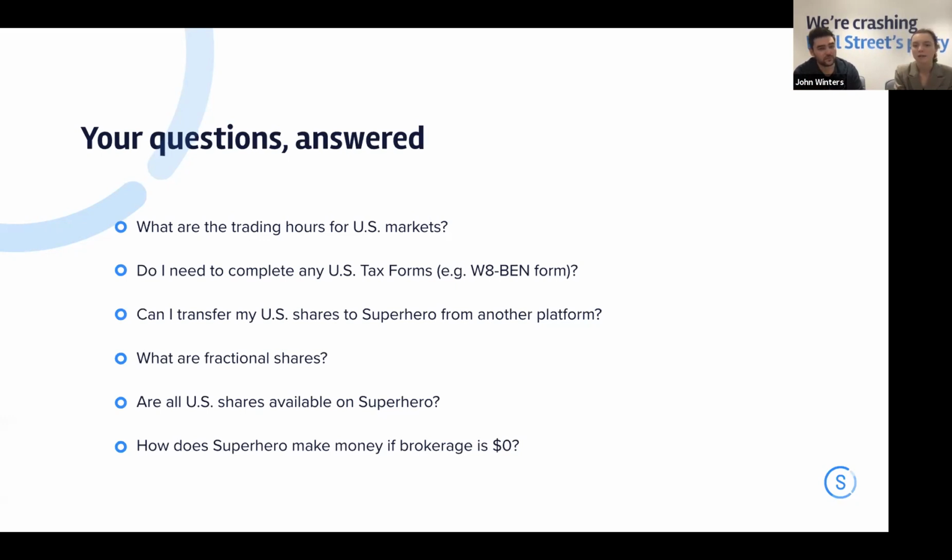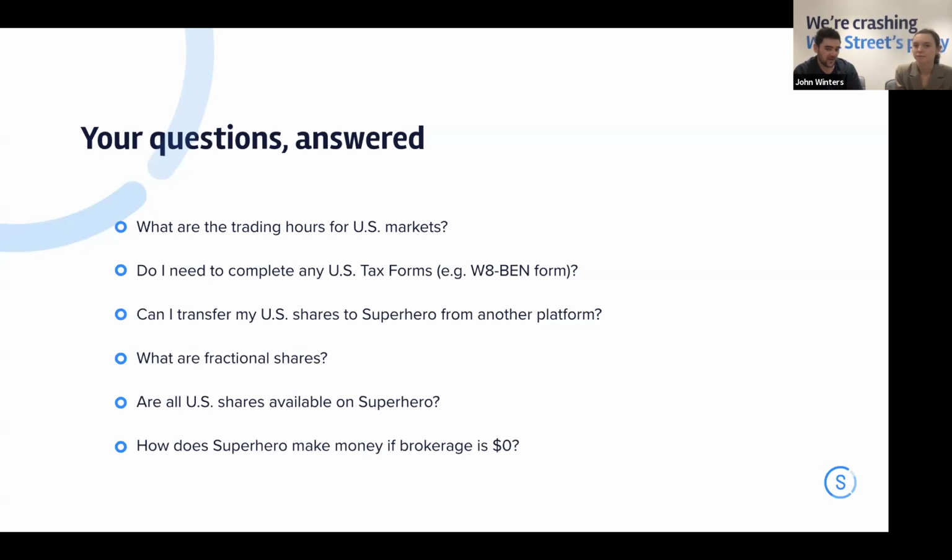Yep. And the last one, which we often have some questions about, is how does Superhero make money if we charge zero brokerage? One of the big questions that we get is also, do we get paid for order flow? Payment for order flow is very common in the US market. It's where the broker receives payment when clients are trading shares.